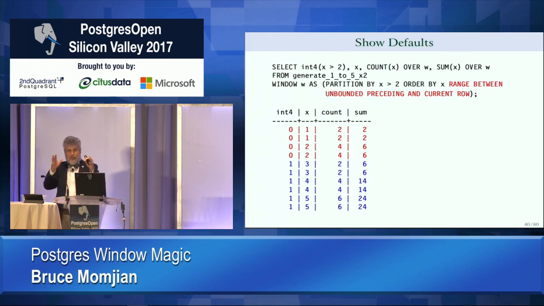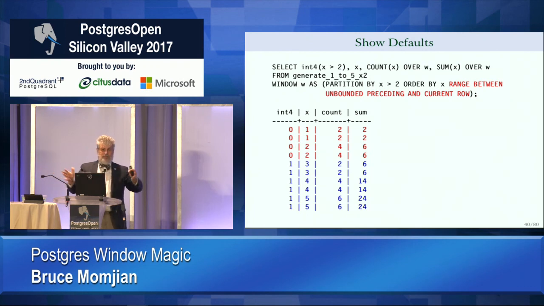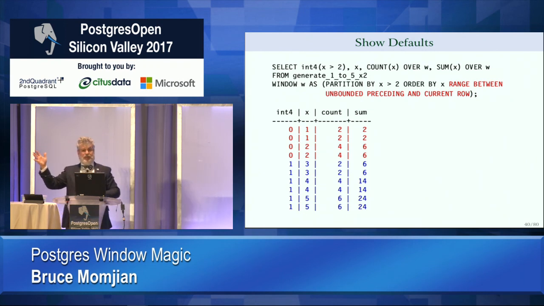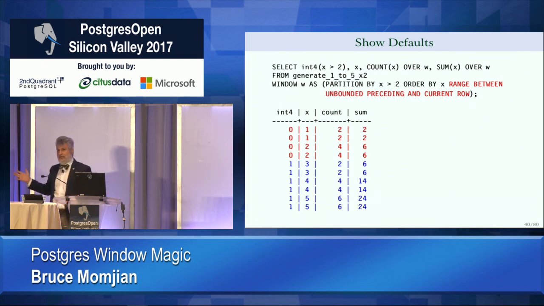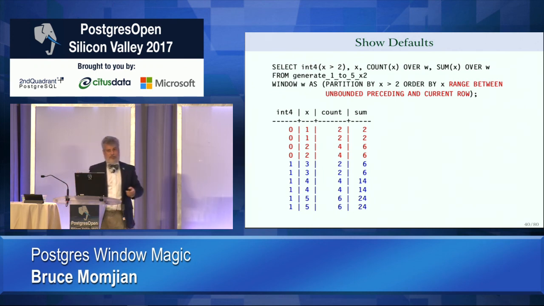Again, this query effectively has all these defaults, and this is why you're getting this result, because it's partition by, order by, and then there's all this range between unbounded preceding and current row. We're layering all the things we've learned in the past 35 minutes on top of each other to get to a result that actually makes sense, even though it's layering 3 or 4 or 5 concepts on top of each other.